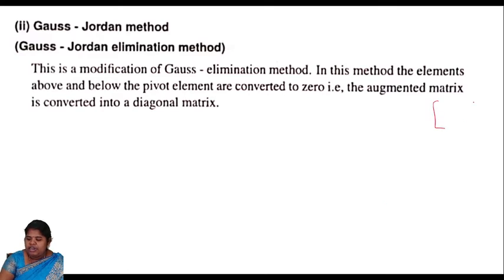In Gauss elimination method, we converted to an upper triangular matrix, but in Gauss-Jordan method, the elements below and above the diagonal are converted to 0, giving diagonal form.